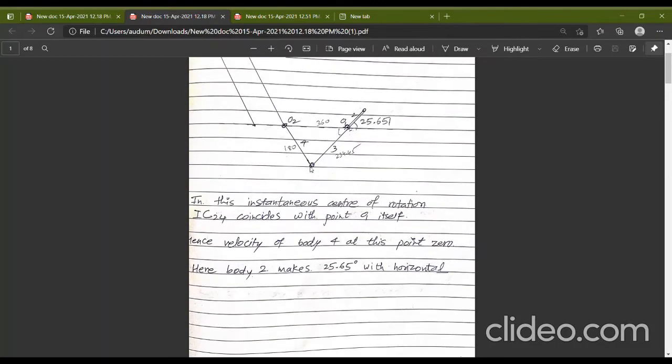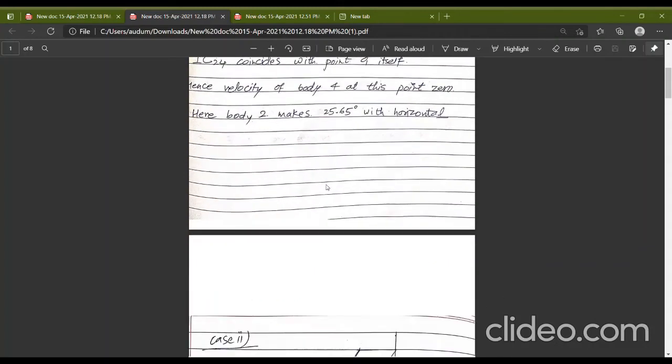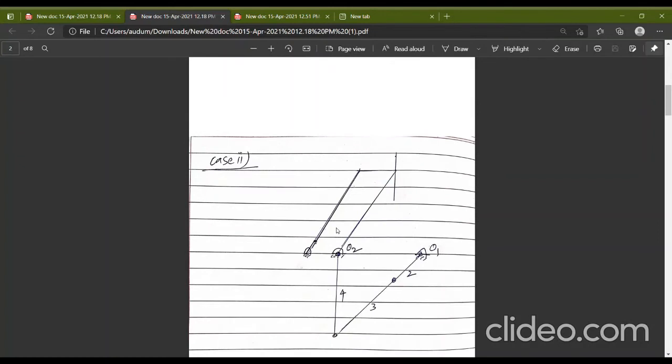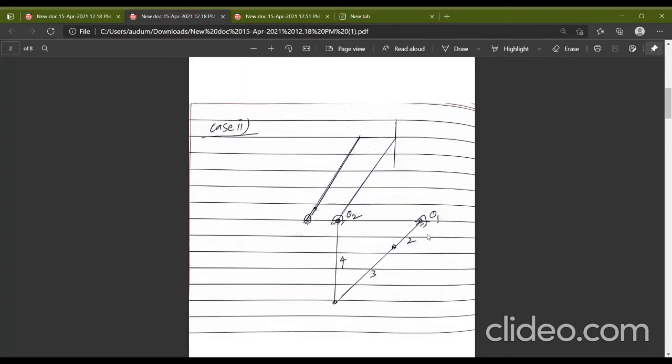Now in the next configuration, body 2 would have been rotated by 180 degrees, making this configuration. Here also this is a second dead center, and body 2 and body 3 are in a straight line. Here also the instantaneous center IC24 coincides with point O1, hence again making the velocity of body 4 zero.